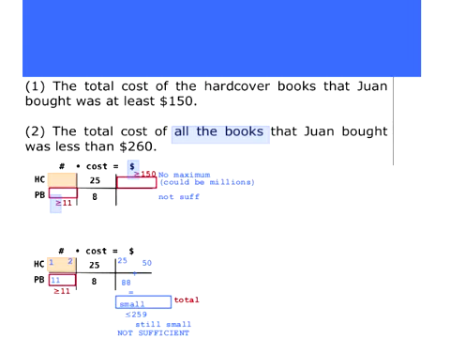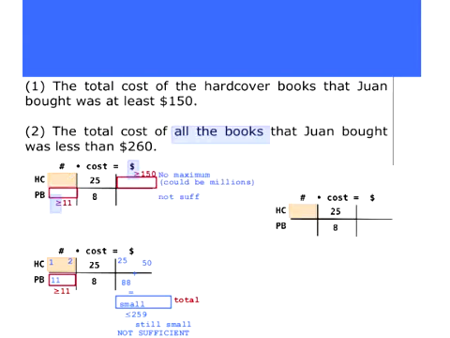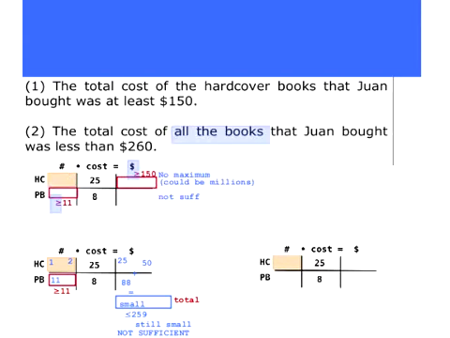So let's do the combination. If it was my paper, I would just sketch up another chart. The information we have is everything from both statements. So this is still at least 11.